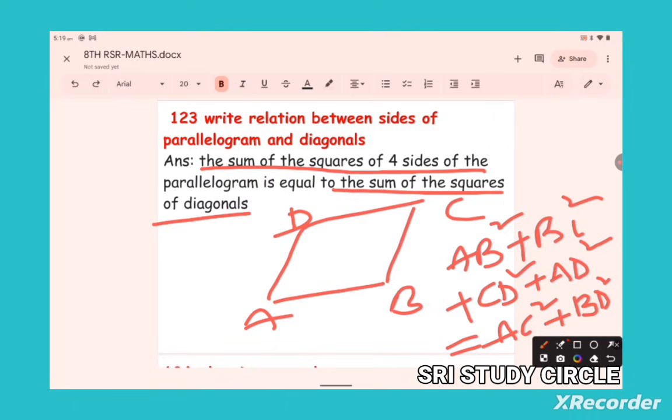So AB square plus BC square plus CD square plus AD square is equal to AC square plus BD square. This is the relation between sides and diagonals of a parallelogram.